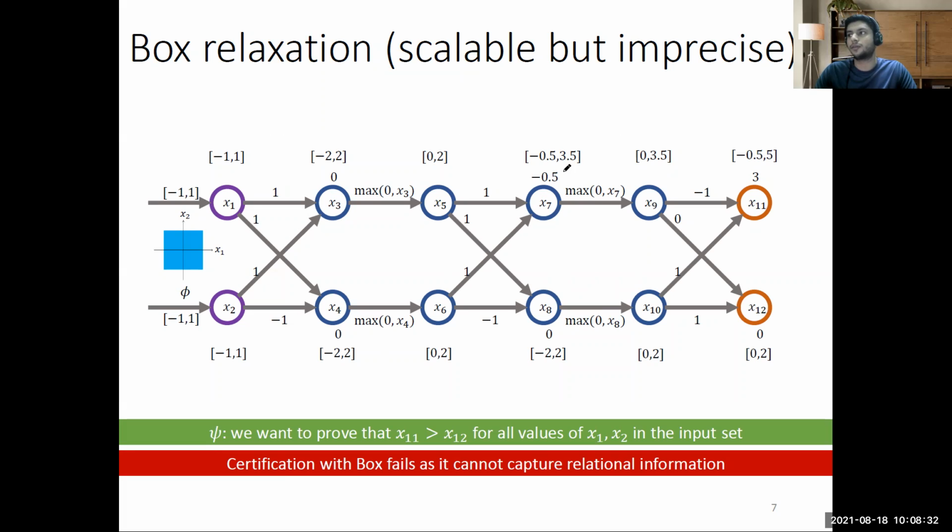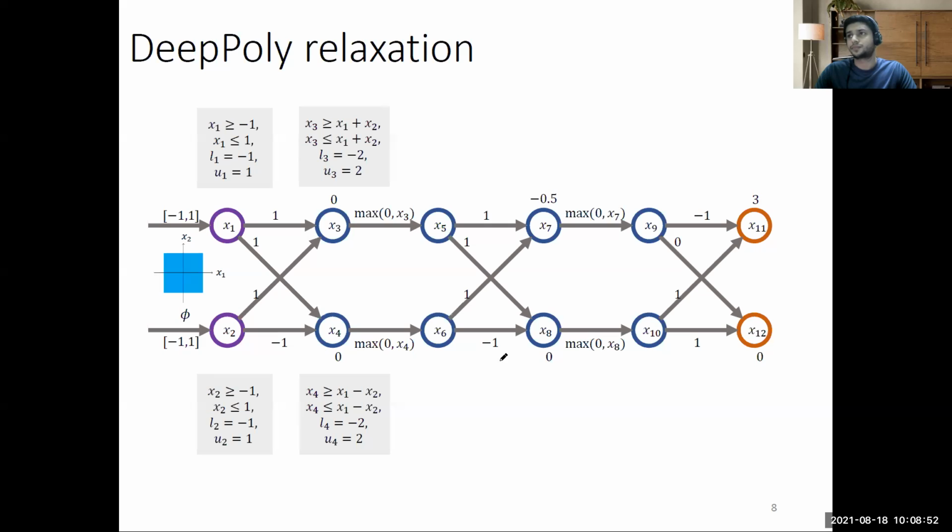This is what we were doing with zonotope, where we had some error terms capturing the relationship between the different neurons. In case of zonotope, we overcame this shortcoming, and we had relations between neurons, and hence we got better performance. Specifically talking about deep poly, deep poly is favorable over zonotope in the case of ReLU.